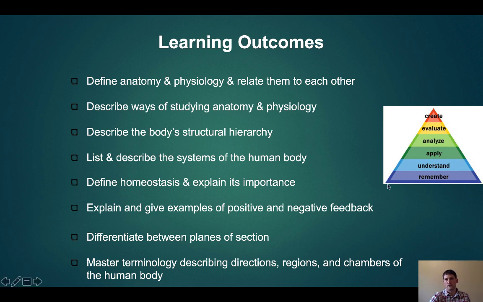What I'm trying to do here is to take this triangle, these levels, and throughout the PowerPoint, you'll see little tiny versions of this that might have remember, enhanced or enlarged, and understand or apply. And I'm trying to put those into the slides so that you see what I'm thinking as far as how you should be learning, and some of the techniques that you can be utilizing outside of class when you're studying and practicing this material so you perform really well on your exams.